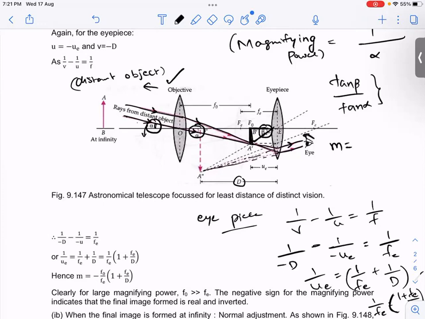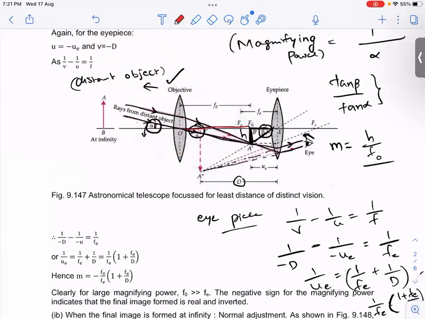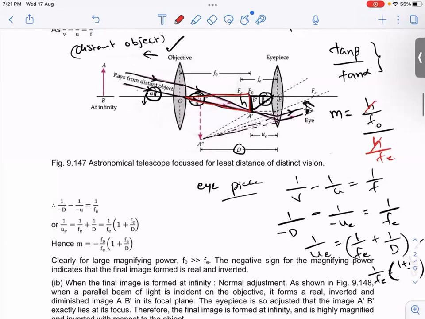So tan beta will be equal to the height of the image h divided by f naught. And for tan alpha, I'll consider this other right angle triangle, which will be h divided by fe. H and h will get cancelled. Magnification will be equal to fe divided by f naught.